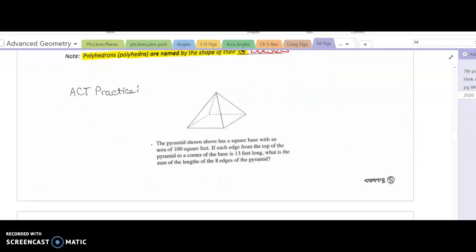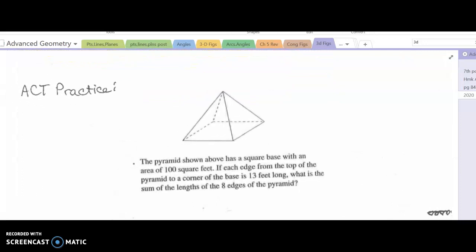All right, so here we have a nice ACT practice problem. It says the pyramid above has a square base with an area of 100 feet square. So area is 100. Just keeping myself organized, and since I know this is a square on the bottom, I'm going to put tick marks on all four sides.